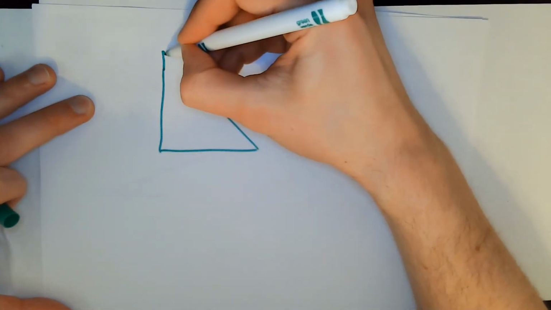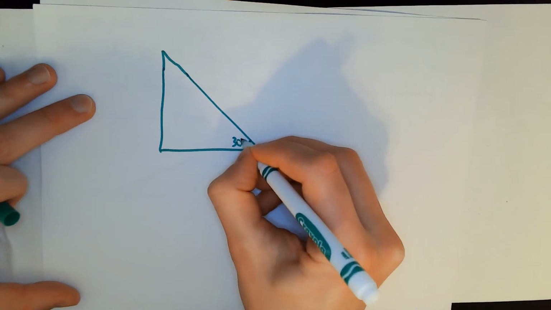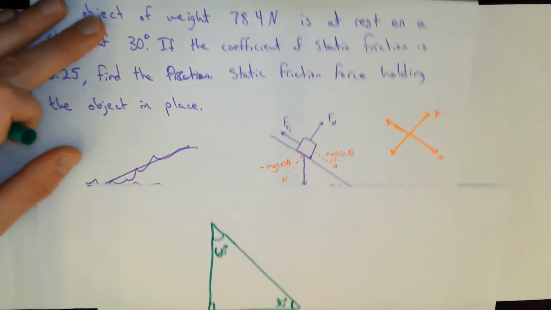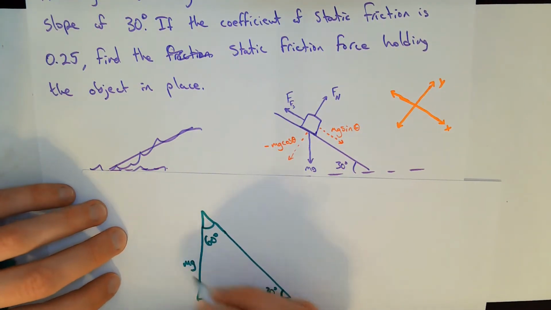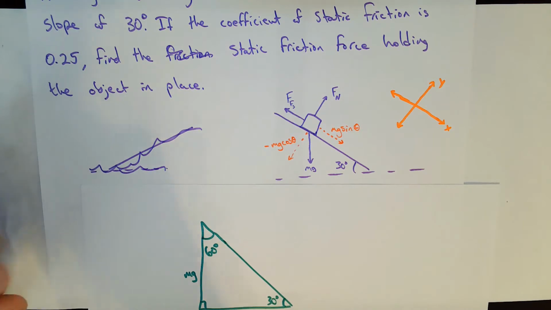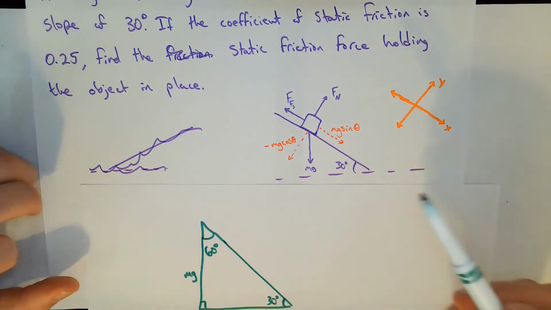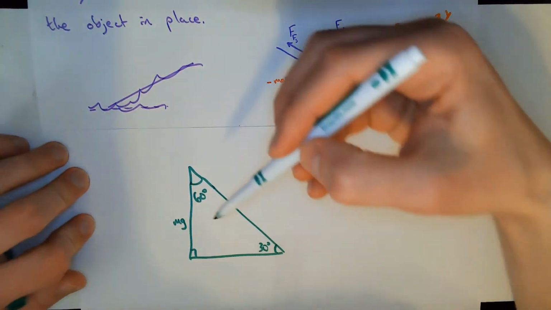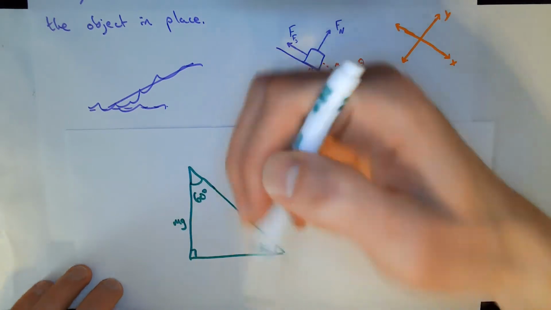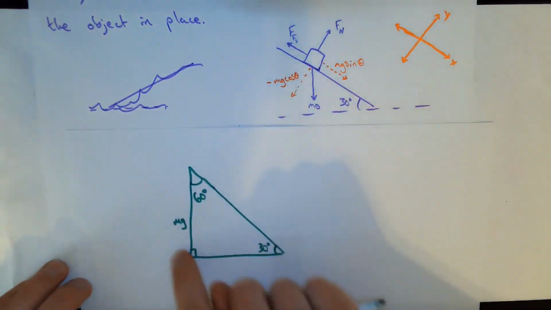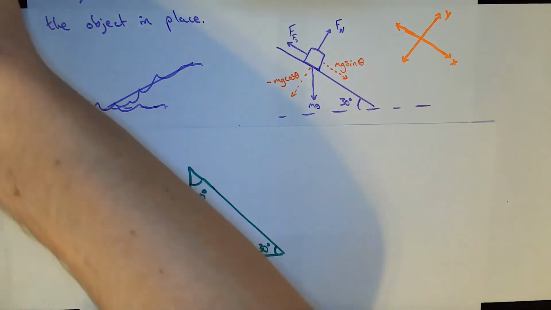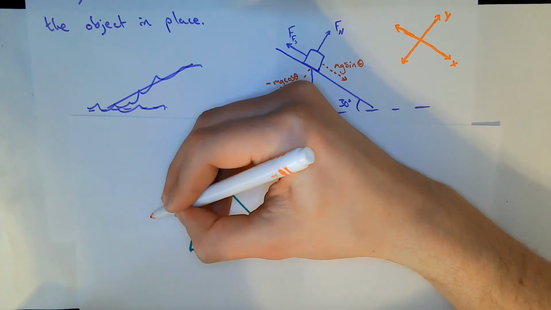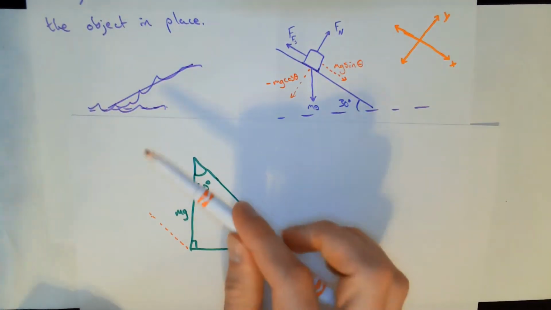oops. Okay, if this is 30 degrees, this is a right angle, and this is 60 degrees. What's happening? Where is mg? This side is mg. Okay. Now I'm making a new triangle, kind of back here, that is parallel, so I'm taking a new right triangle and writing it over here with this side being parallel to the slope.